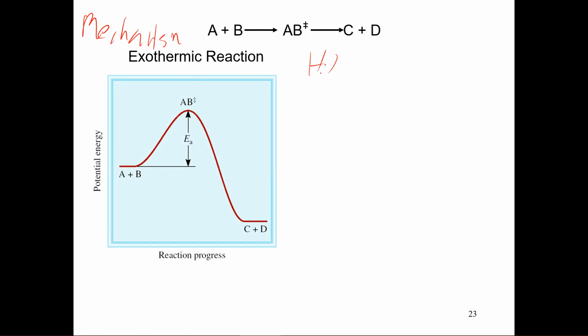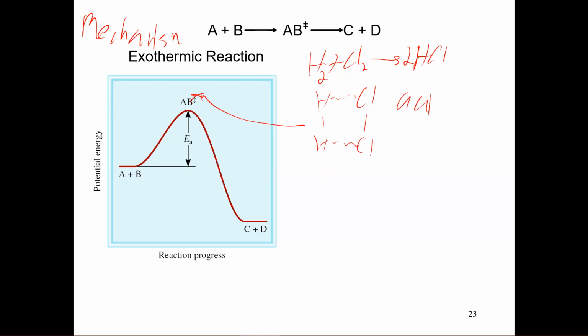If you have hydrogen reacting with chlorine to form 2HCl, you line up the hydrogen like this and the chlorine like that, next to each other. This forms a little bond, this forms another one. That's the activated state. This is called the activated state. And then the reaction could go this direction or back that direction again.